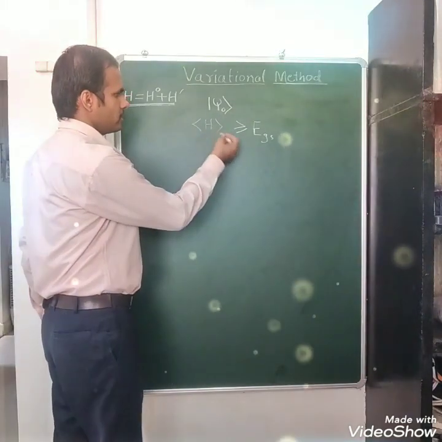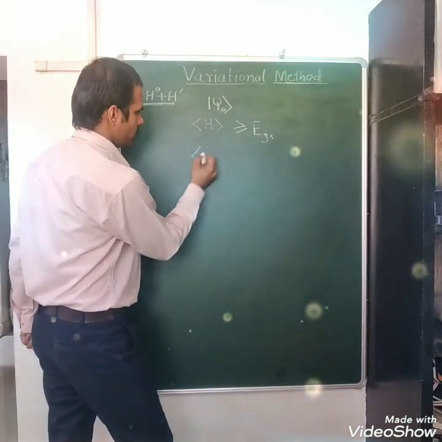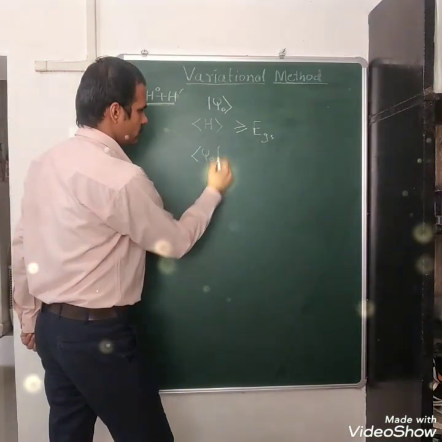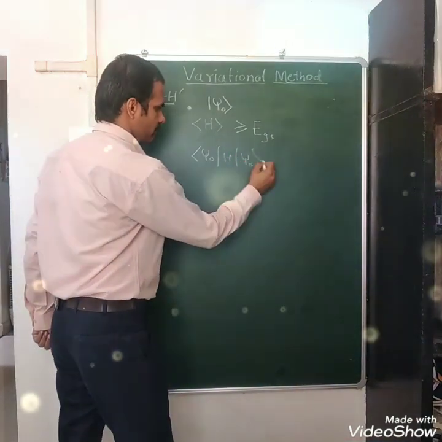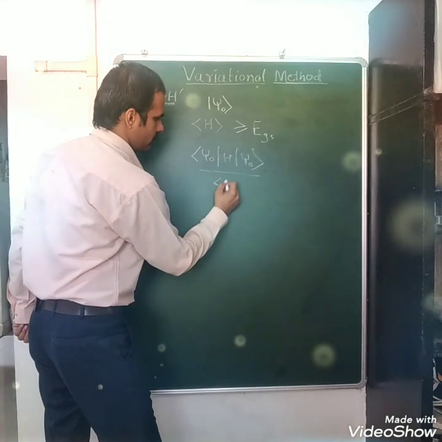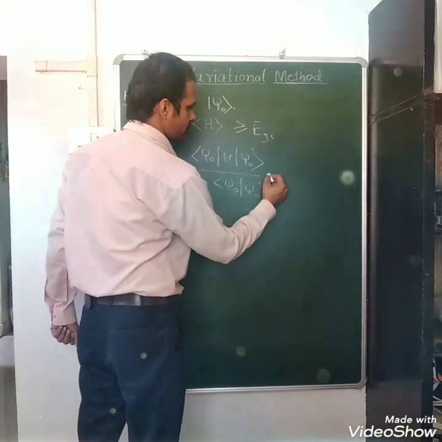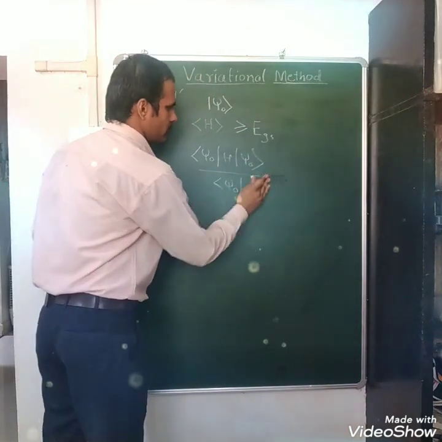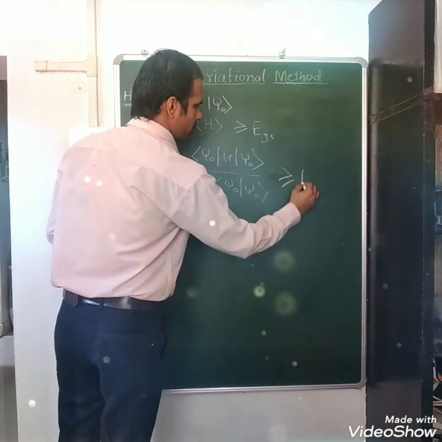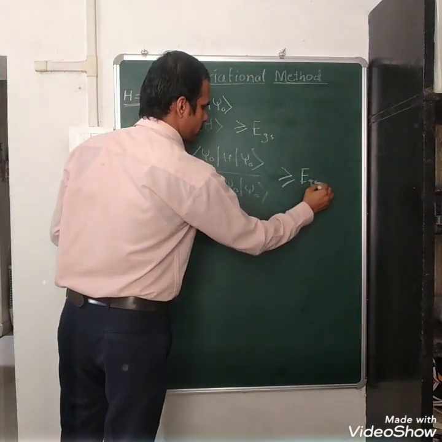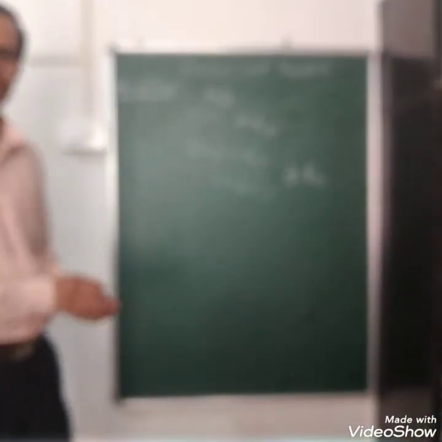This expectation of H can be written as the expectation of psi naught H psi naught divided by psi naught psi naught, which is greater than or equal to the ground state energy. This is the basic principle of the variational method.